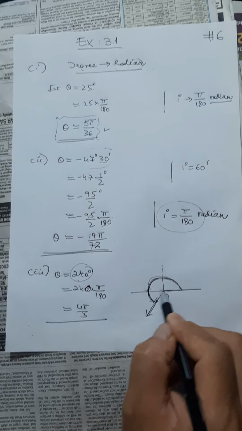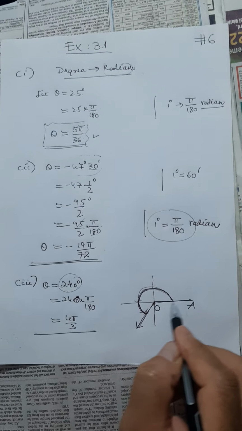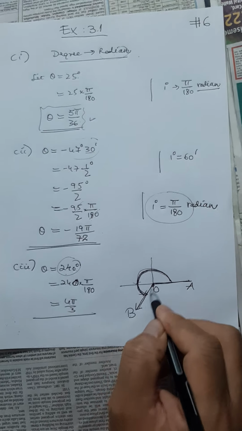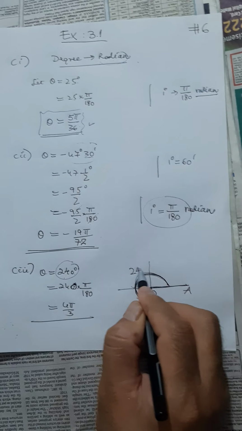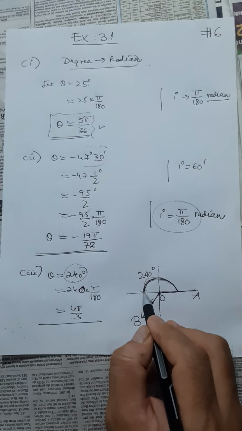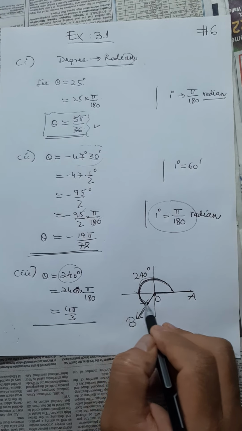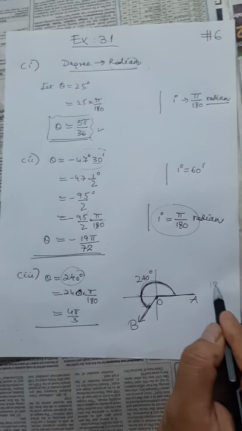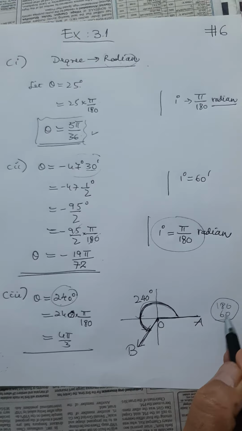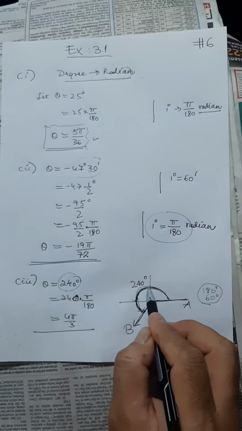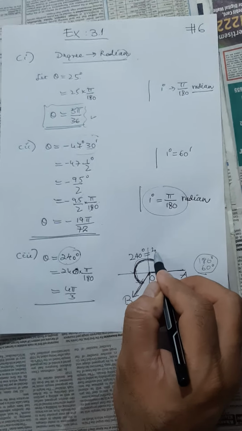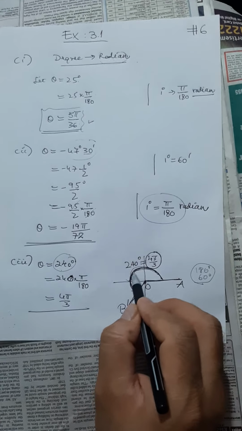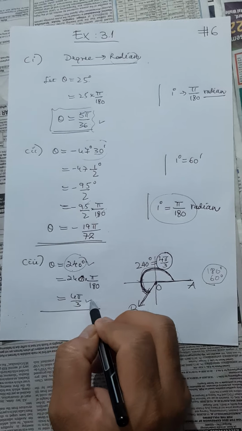This is the initial ray, I'm just showing you for your information, up to this, the final ray. So this is 240 degree, remember. Up to here it is 180, and then roughly this is 60. So you have 180 plus 60, so you get the total 240, and this is the same as 4 pi by 3, right, this much. 240 degrees, 4 pi by 3.